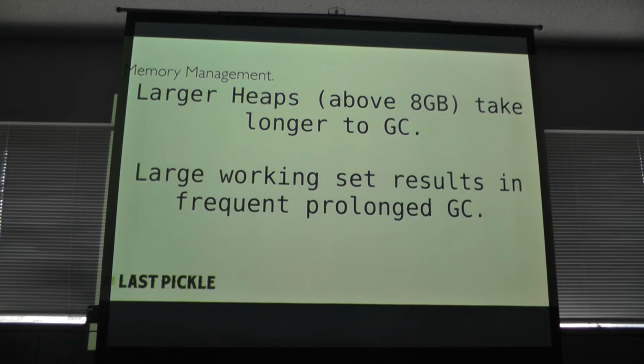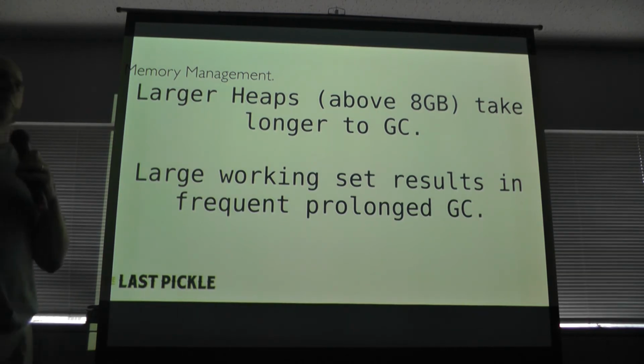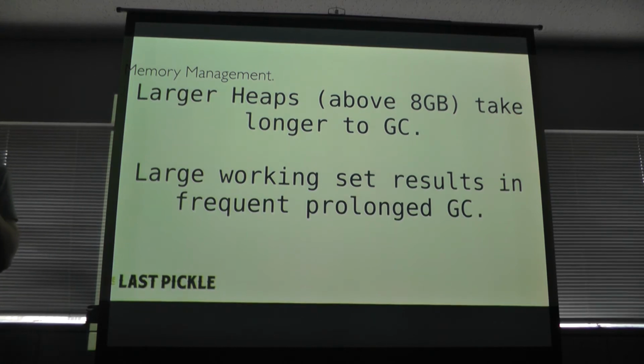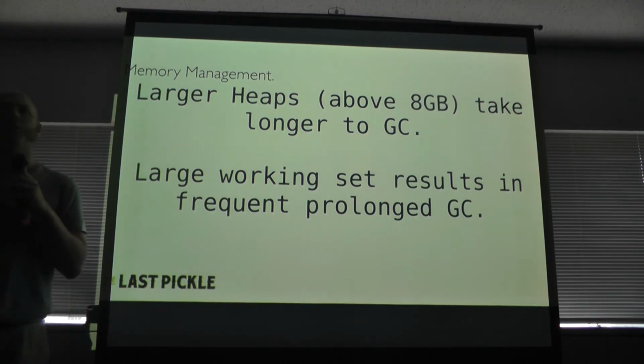And a large working set, the amount of memory that we have to keep hold of that we cannot garbage collect, can result in more frequent and prolonged garbage collection. Because the garbage collectors can't free enough memory, and the thing that triggers them running is how much free memory there is. So they will run more frequently.